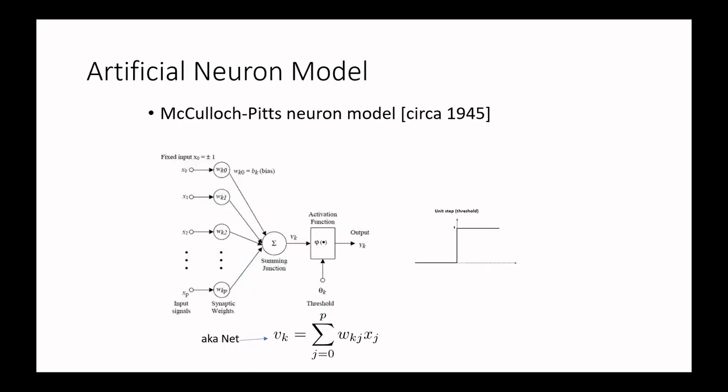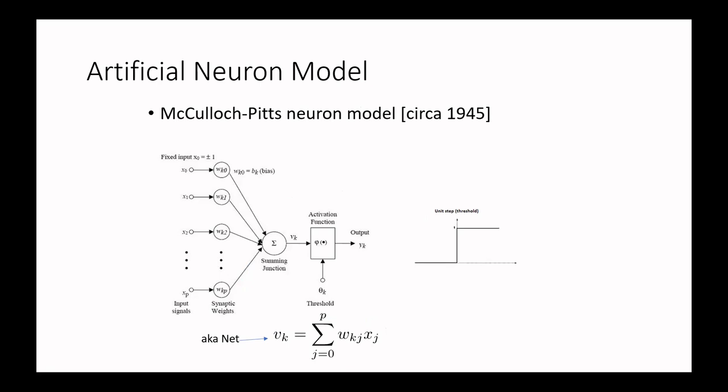Based on this idea of the biological neuron, way back in somewhere around 1945, two scientists, McCulloch and Pitts, created an electronic model for the neuron, and obviously it was called the McCulloch-Pitts neuron model. This neuron model looks as shown in the picture here.